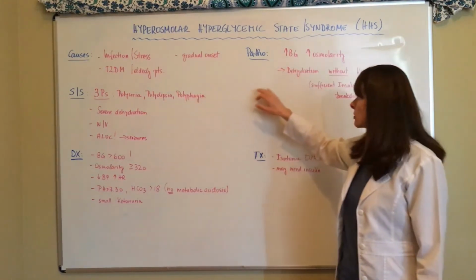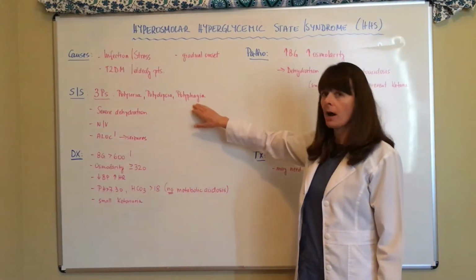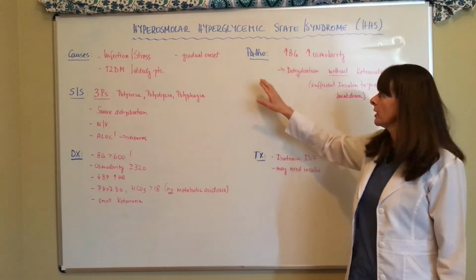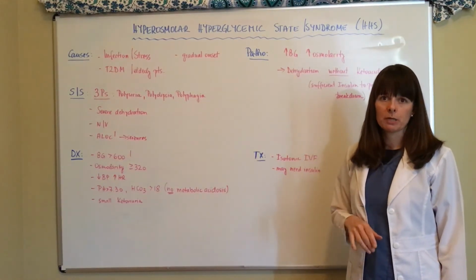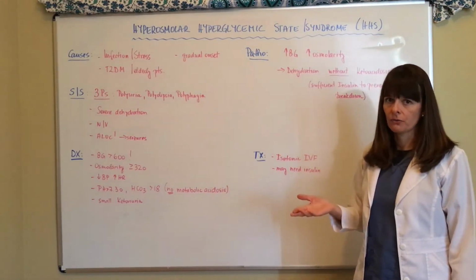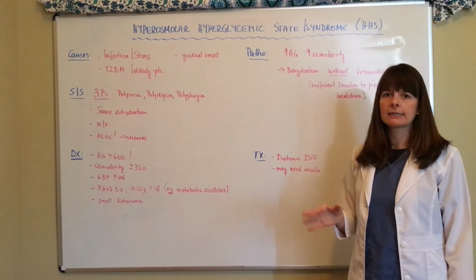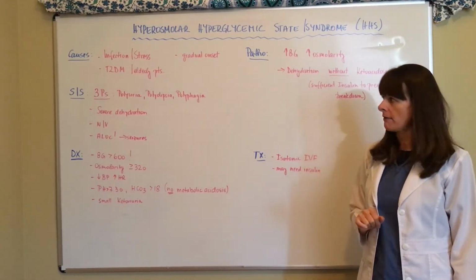Polydipsia because the patient is very dehydrated, so now the thirst mechanism kicks in. And then polyphagia because we have glucose circulating in the bloodstream but it is unable to be absorbed by the cells because there is a lack of insulin, but not quite to the extent that type 1s would have, where they have absolutely no insulin available.